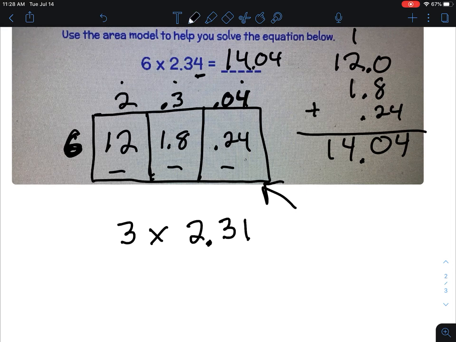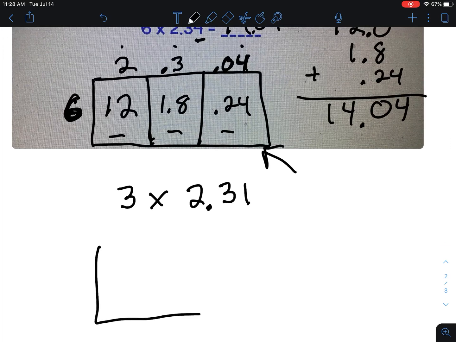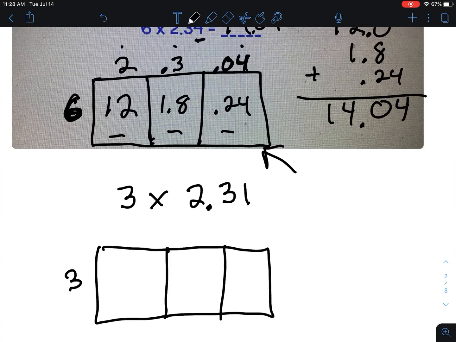All right, so hopefully you drew your area model. Your whole number goes there, and then you list your 3 numbers on top. So that's a 2. There's your decimal 0.3, so 3/10. Then you have 0.01, 1/100th.